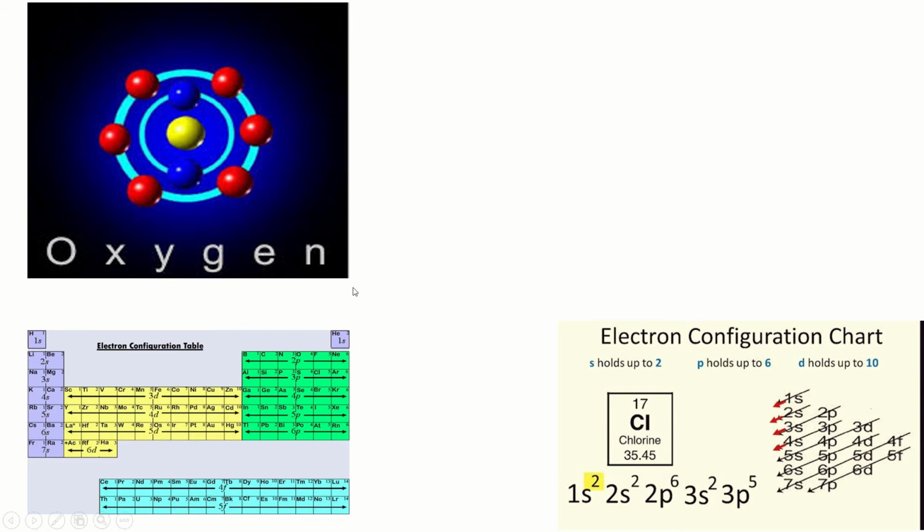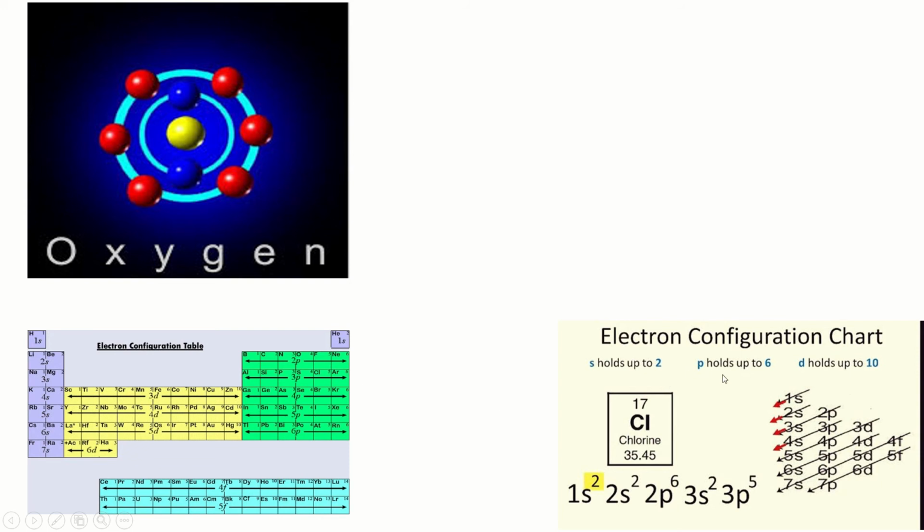Look at these pictures. These pictures are very well known to you. This is the electronic distribution of an oxygen atom, where the electrons are distributed in different orbits surrounding the nucleus. This is the periodic table, where the elements are arranged according to their atomic number, and it is also based on electronic configuration.